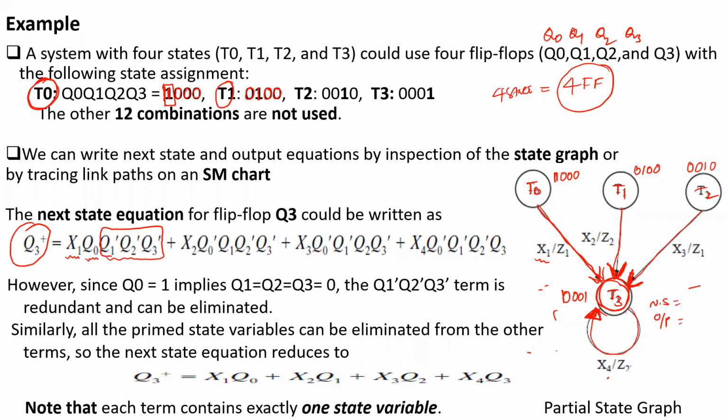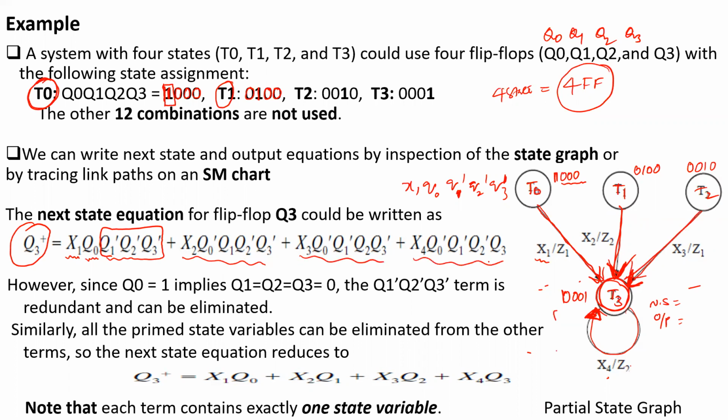What I'm writing in this particular equation: x1 is the input and the state q naught is required, but I don't require q1 bar, q2 bar, q3 bar. That is what we can write. Q naught, q1, q2, q3 are nothing but all zeros, therefore the complemented fashion that I have written here. Similarly, this is also involved here, this is also there in this one.